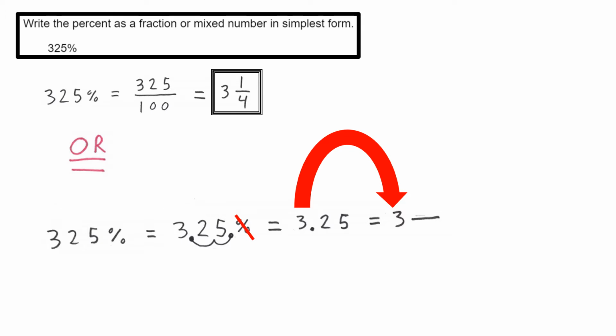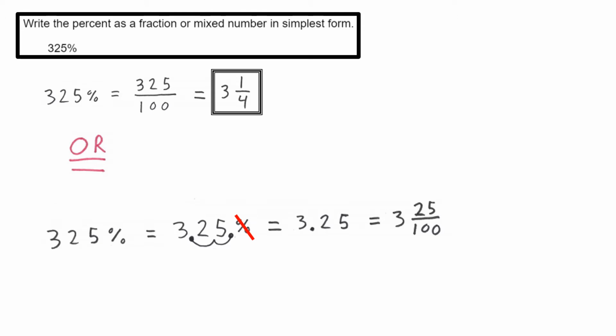Since the decimal part is 0.25, we take the 25 and we put it up top. To find the denominator, if you're comfortable with the vocabulary, 0.25 is equivalent to saying 25 hundredths. 25 hundredths tells us that 100 goes on the bottom.